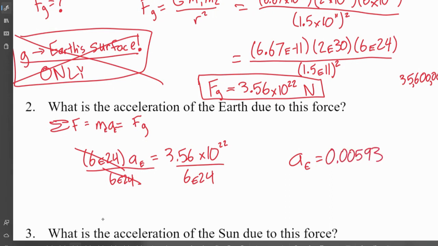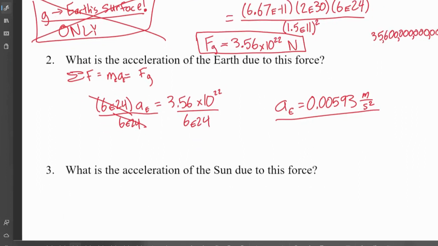It's an acceleration, so meters per second squared. Okay, so that's the acceleration of the Earth as it moves around the Sun.